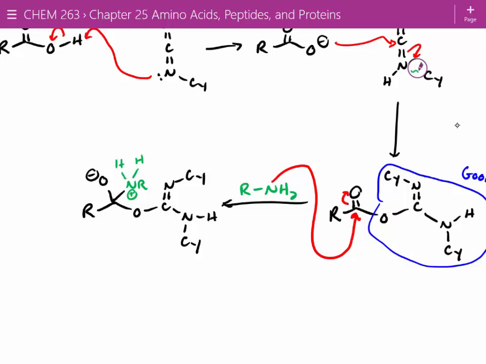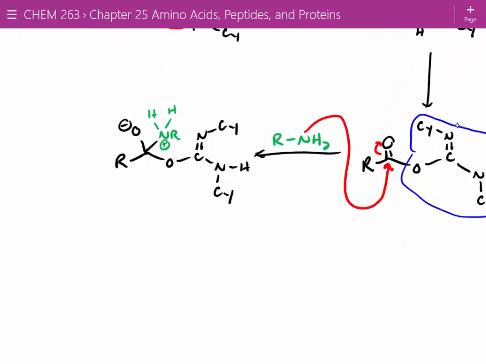What do you think we can do now? We've got to move some protons around probably, right? Have the oxygen along the negative come down and then kick off the other one? Not quite. First thing we need to do is we need to move a proton from the amine over to the nitrogen on the carbodiimide.